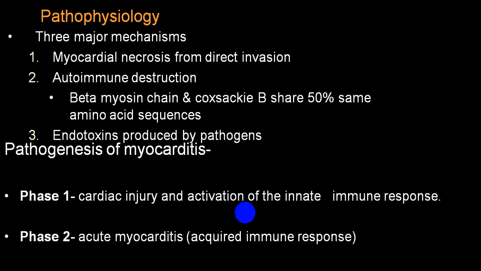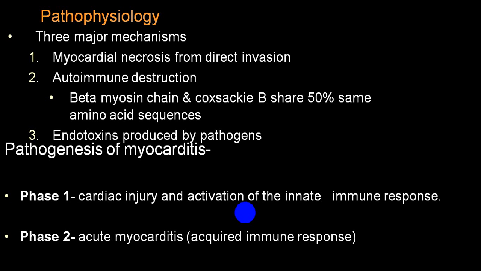Three major mechanisms: myocardial necrosis from direct invasion, like in the case of bacterial and viral. Also in the case of parasitic, fungal, etc., it can produce direct involvement of the myocardium and necrosis.